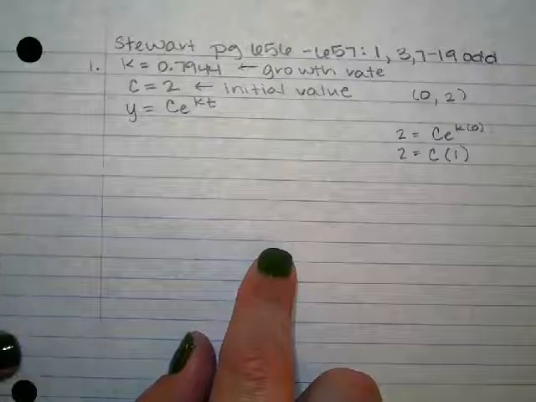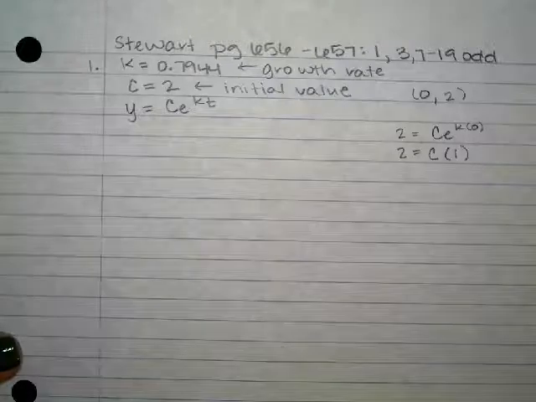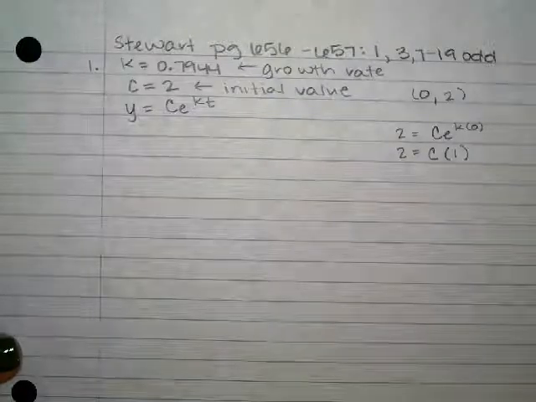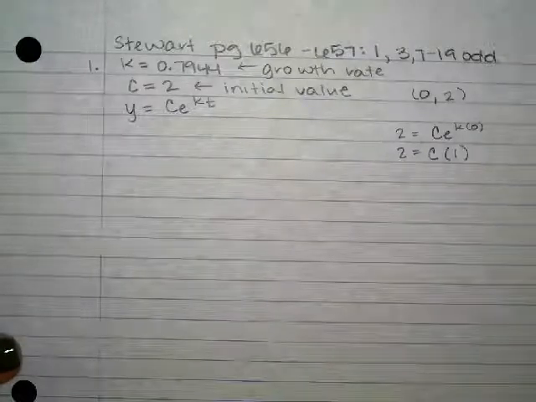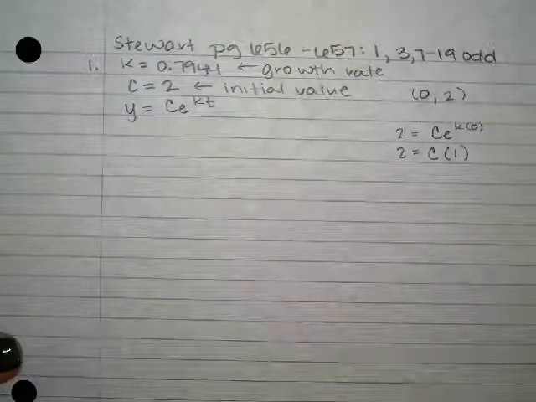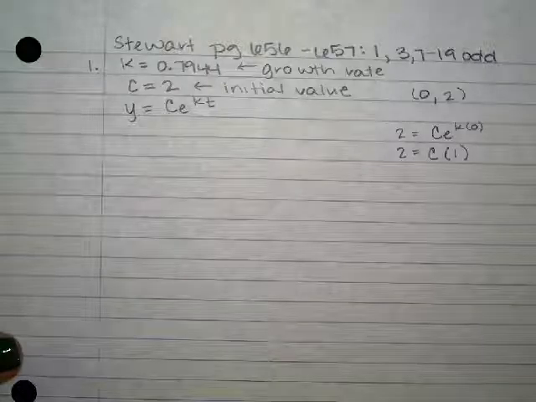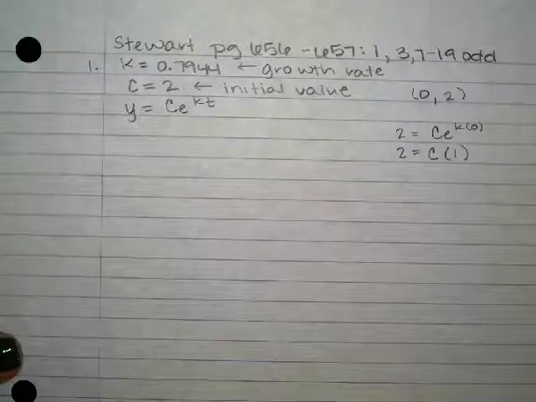Okay. So now they say find the population size after 6 days. So what are we going to do? Plug in which values? C equals 2.